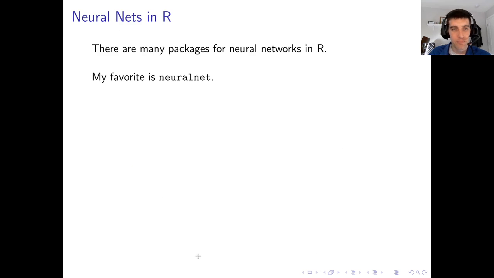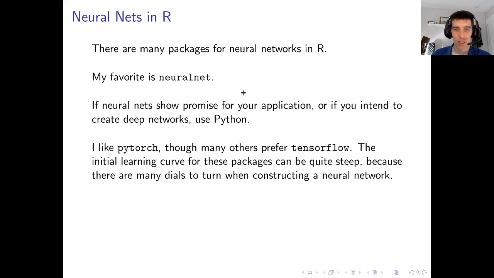Okay. How do we do neural networks in R? There's many packages. Neuralnet is one that I like in particular because it has nice graphics to display what's going on, and I'll show you those in a little bit. Keras is another popular one in R, though as I say, if you're doing a lot of training of neural networks, Python is superior.